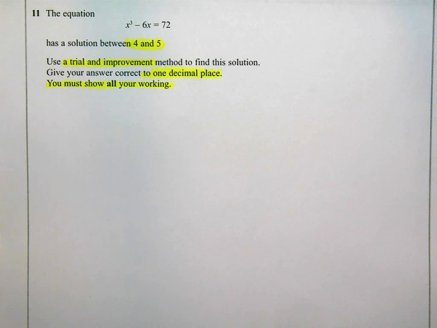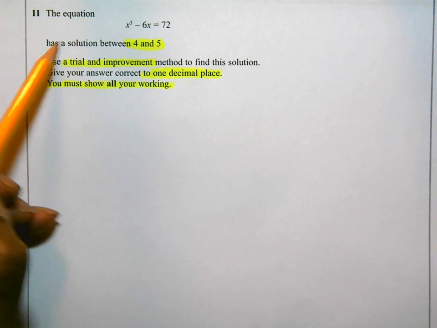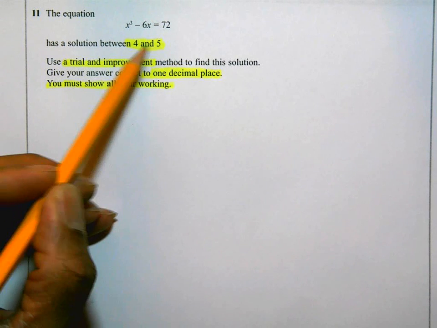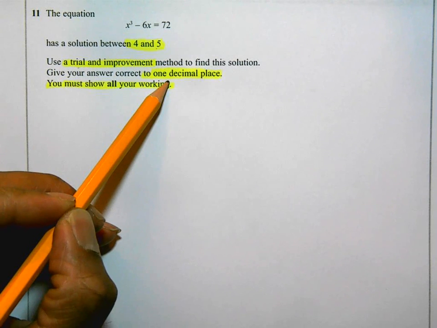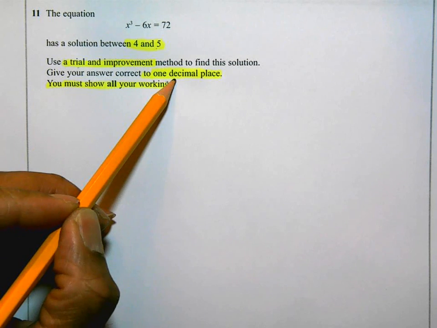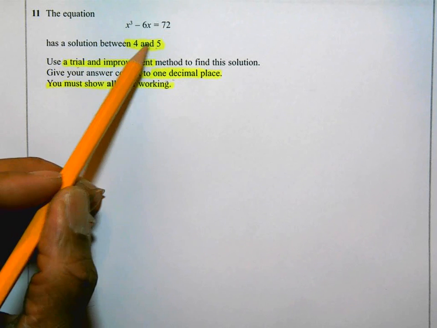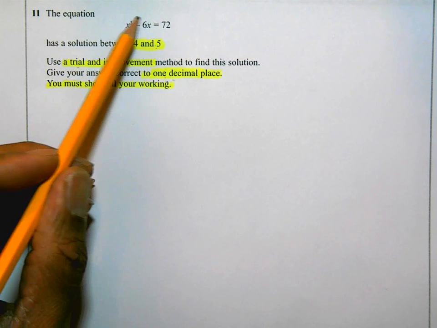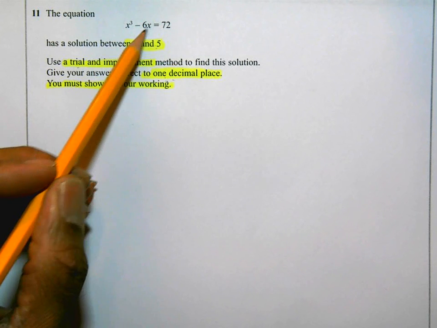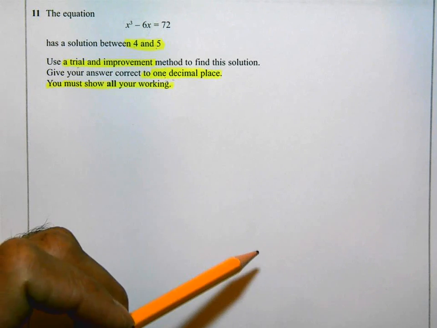Okay, so this question has told us a fair bit of information already. It says that the solution is between 4 and 5. They want us to use trial and improvement, and they want us to give an answer correct to 1 decimal place. So it wants the numbers between 4 and 5 to 1 decimal place, the one which, when I put it into the left hand side, is going to give me an answer as close to 72 as possible.